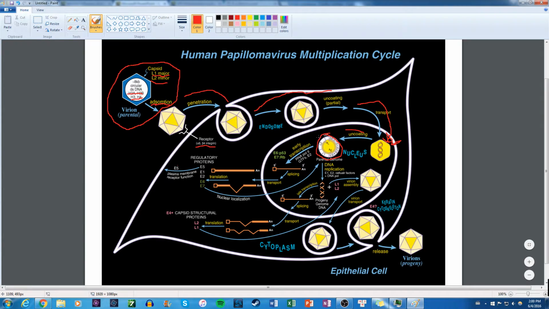Basically, when it transcribes the early genes, it transcribes them using a cellular RNA polymerase 2, and also using its own E2 protein and the GTFs, which I forget what GTF is, or if I was to do it off intuition, it would probably be something related to cell signaling. And it probably uses guanosine as energy or something.